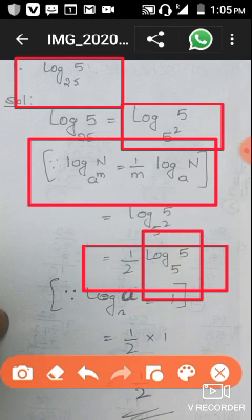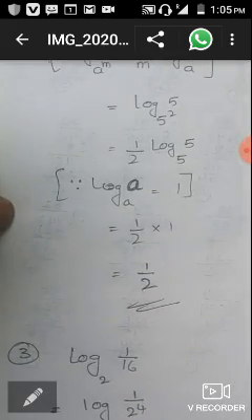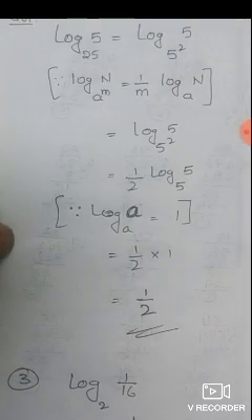Because according to log a base a equals 1, log 5 base 5 equals 1. So the remaining part is 1 by 2 into log 5 base 5, which equals 1, so 1 by 2 into 1. So the result becomes 1 by 2.